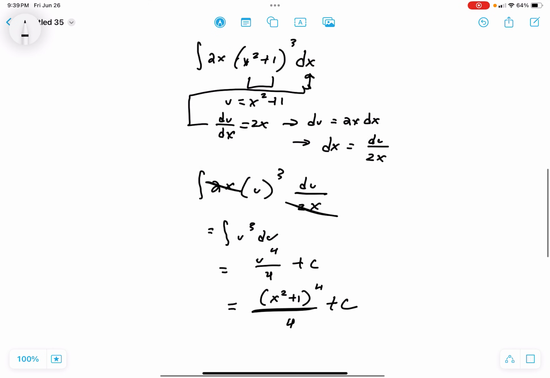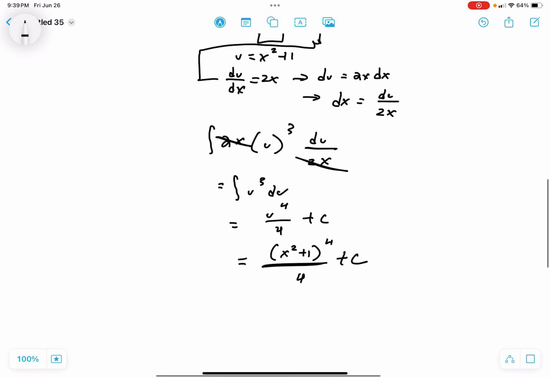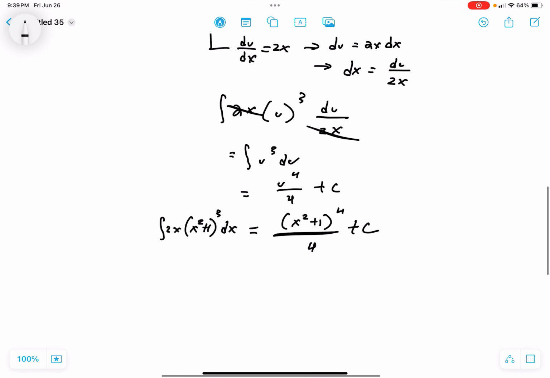And then, yeah, sure, I could write my final integral statement, which is going to be the integral of 2x times x squared plus 1 cubed dx is equal to x squared plus 1 raised to the 4th over 4 plus c.